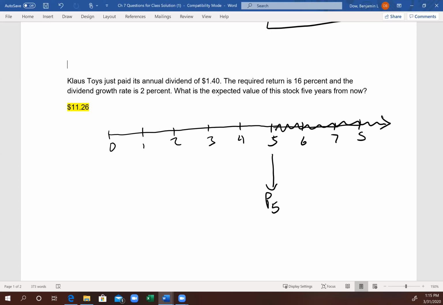So if you want to find D6, you've got to go through a whole series, starting out with what you know. D0 is $1.40. You can figure out D1 if it's growing at 2%. Then D1 would be equal to $1.428. And you could find D2, D1 times 1 plus G. Oops, let me erase that.